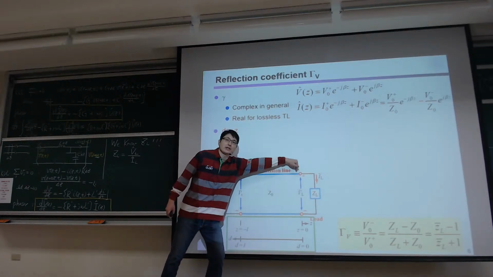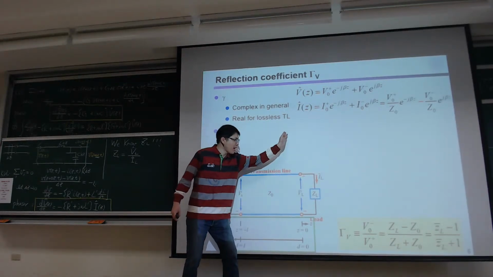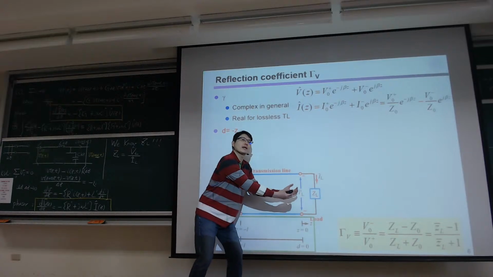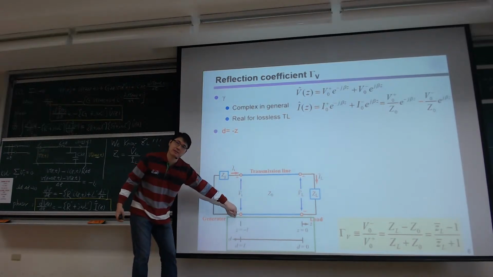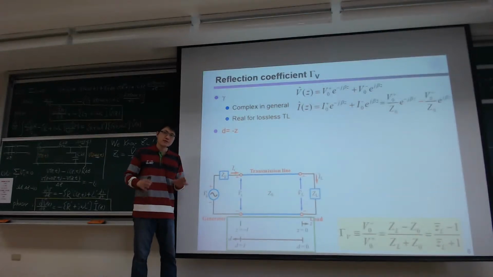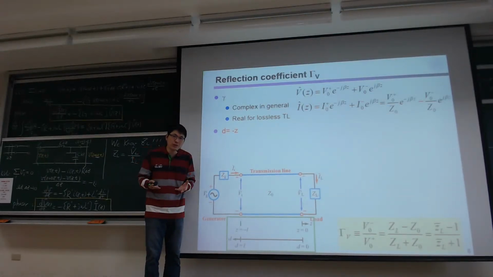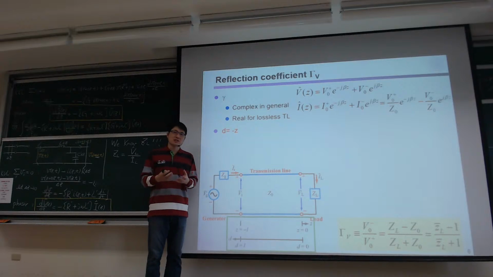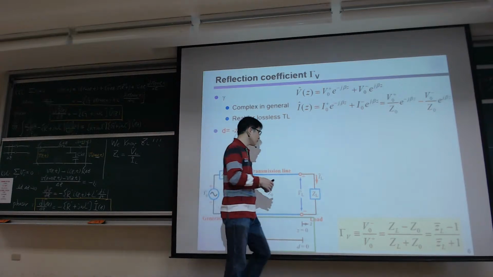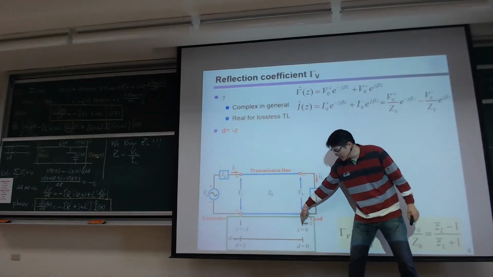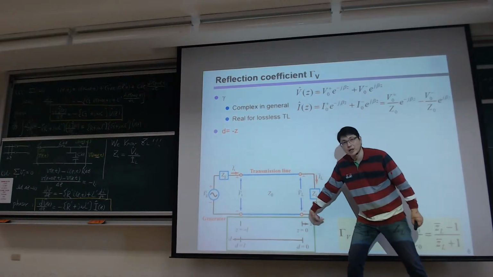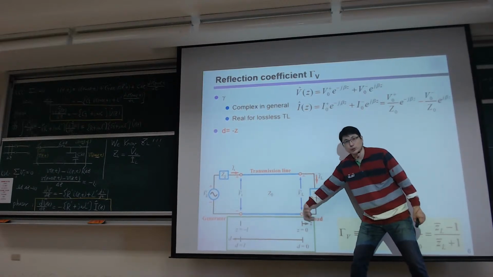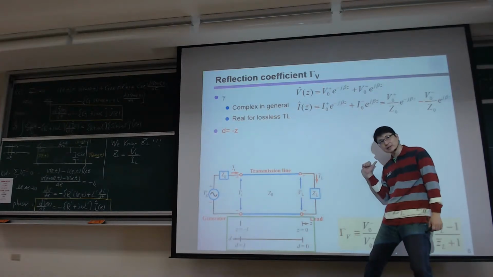We are trying to solve everything at the load and track the answers back to the input. So for this reason, I'm defining a new distance variable. Z is 0 at the load and goes in the direction from left to right.